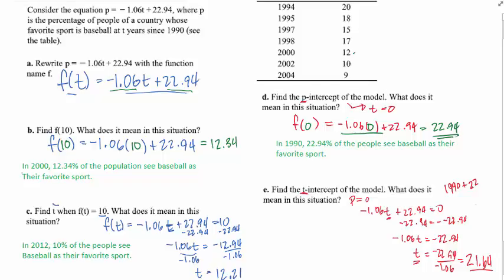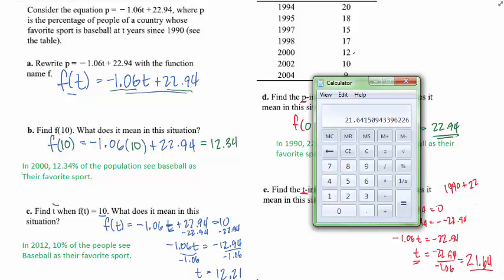So let's go about 22. Let's use a calculator for that. 1990 plus 22. Yep, 2012.